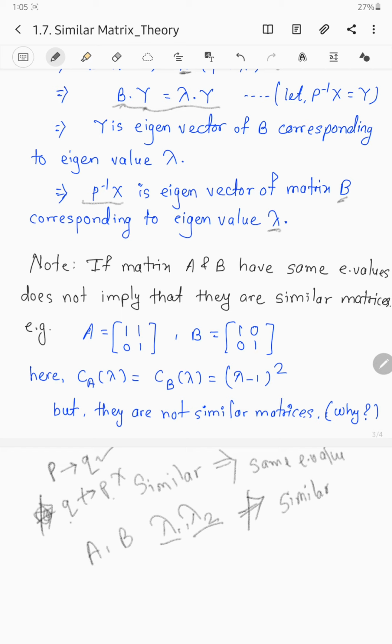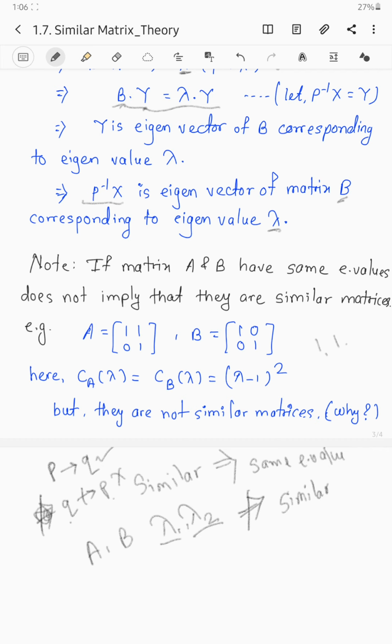So this is the same. For example, here is a counterexample: A is [1 1; 0 1], B is [1 0; 0 1]. Both have the same characteristic polynomial, (lambda minus 1) squared, so the eigenvalues are 1 and 1, but they are not similar matrices. Why they are not similar will be seen in our next topic.